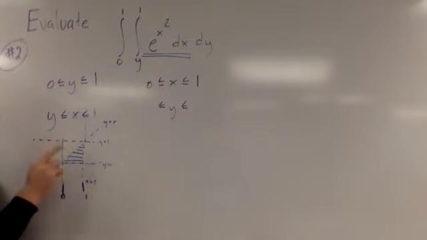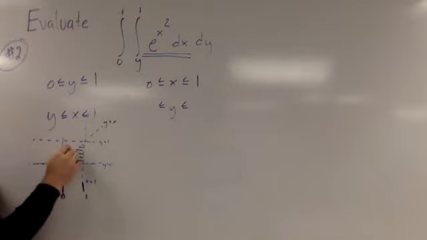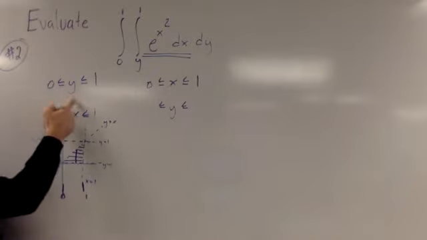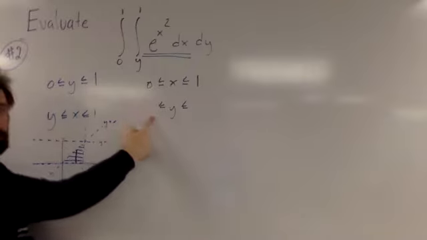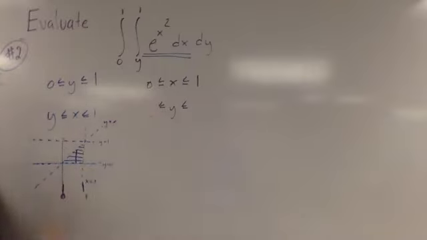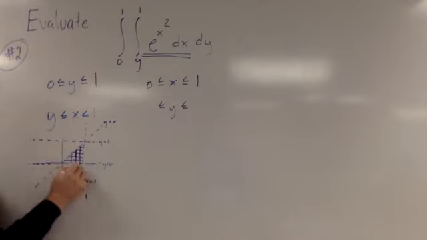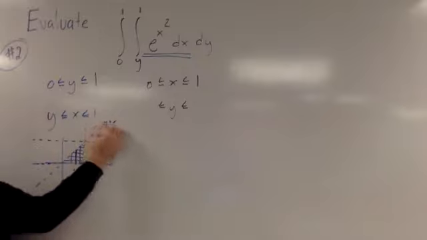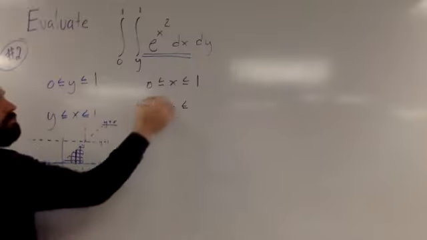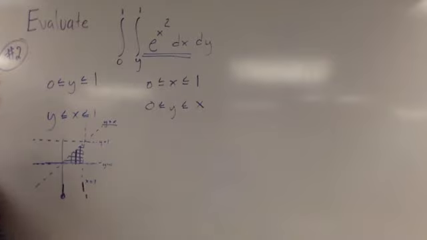I'm sorry, I'm getting those backwards. This is a type 2 region. I want to make it a type 1 region. I apologize for that. So if I look here, my y values are going from 0 until this function here. So I'm going from 0 to x.